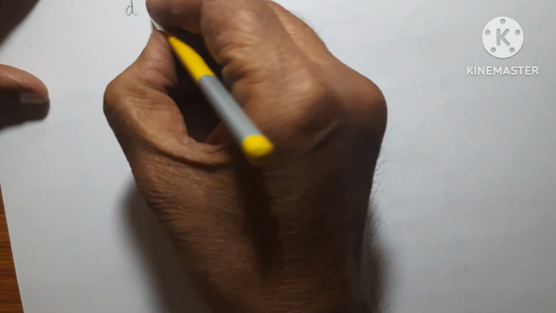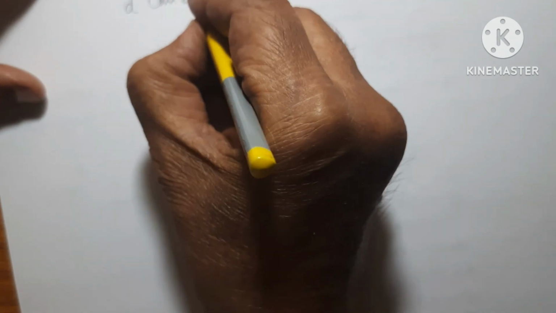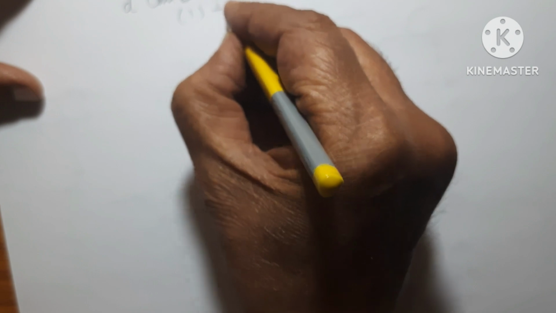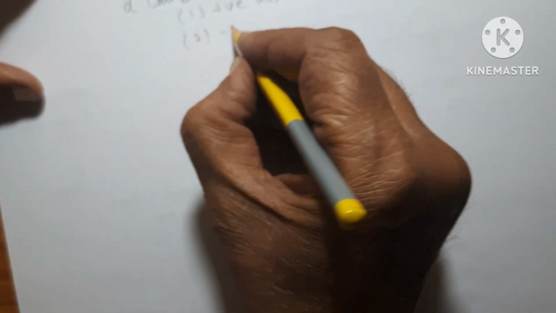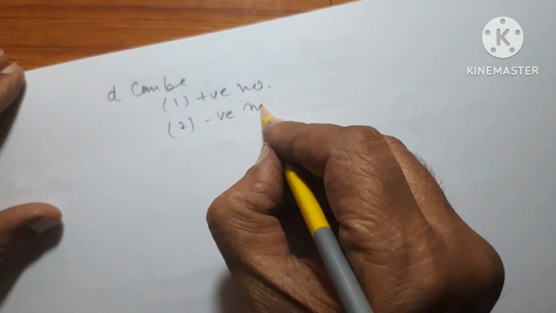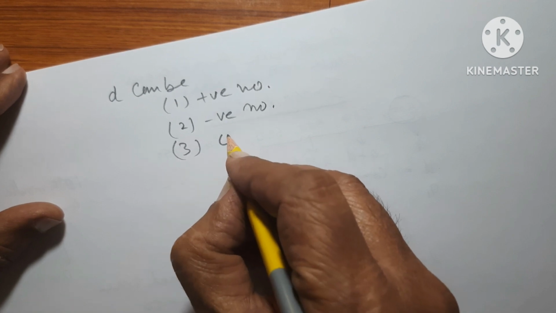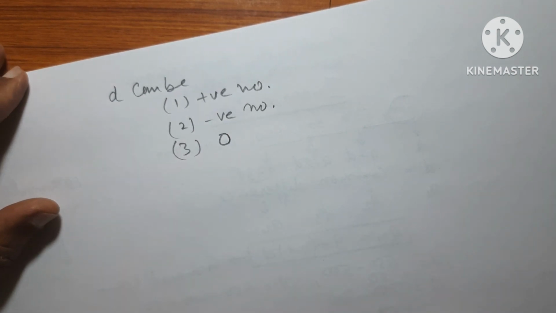Number 1 positive number, number 2 negative number, number 3 0. Clear?